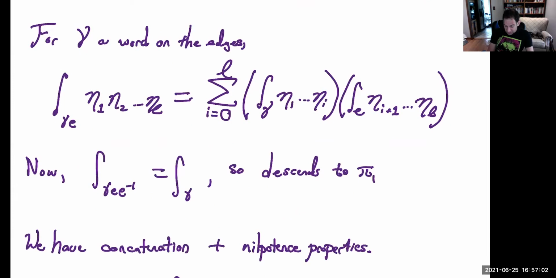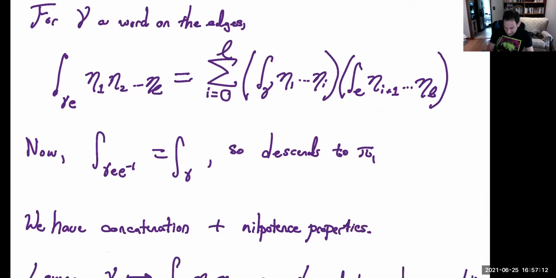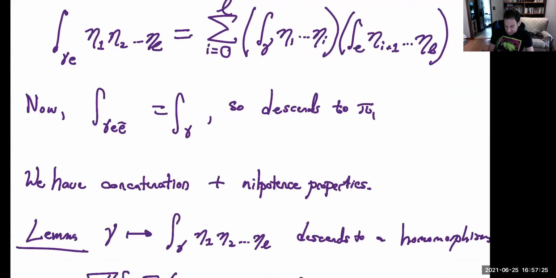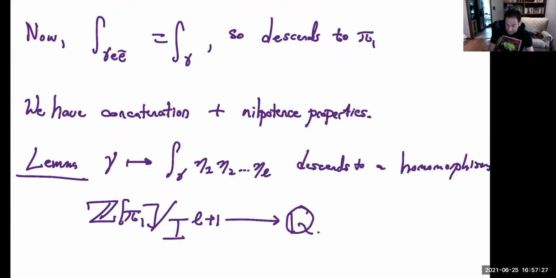And then I can treat a path in my graph as a word on the edges. And then I just use concatenation to add one edge at a time. And then it's an easy verification that if I add an edge and then I take the reversed edge, I get the original integral. So this integration descends to pi1.